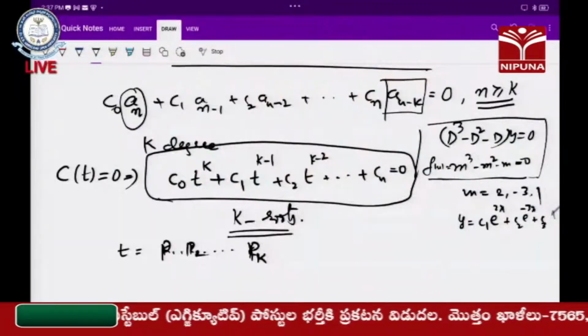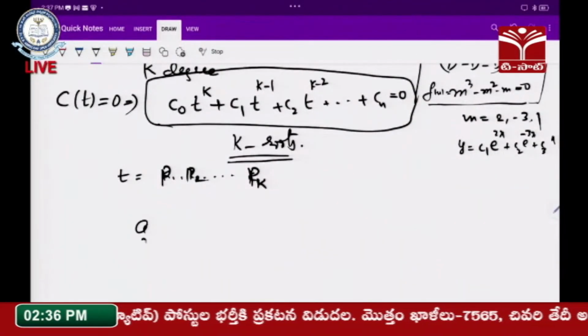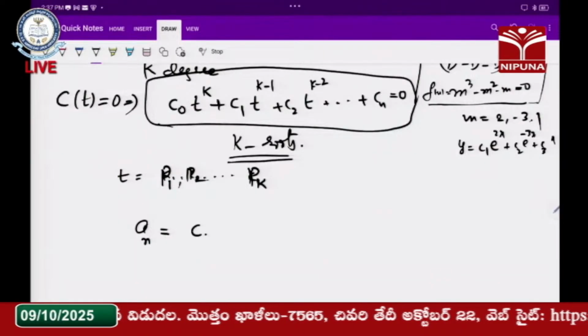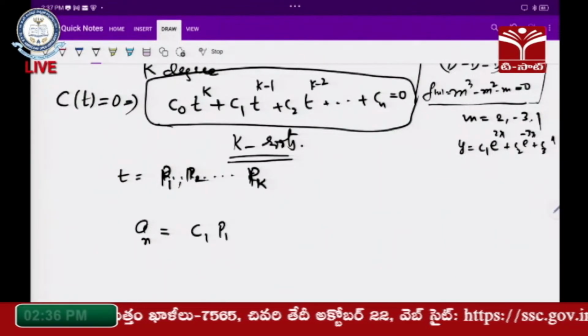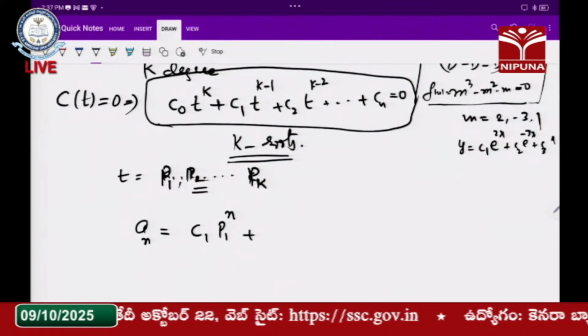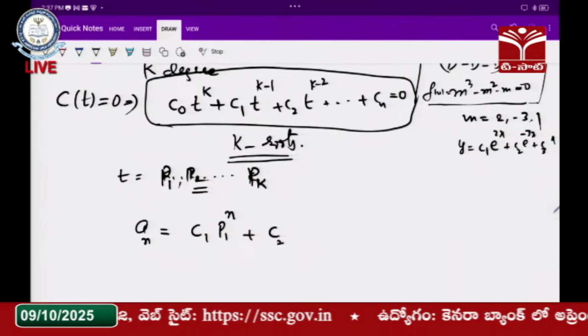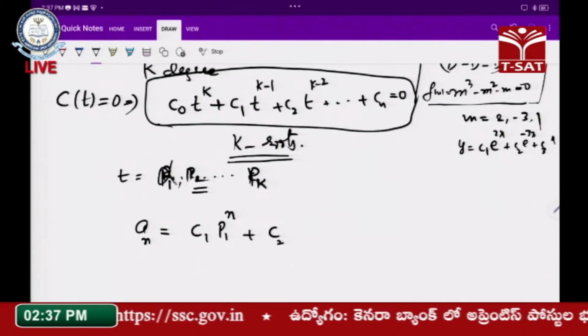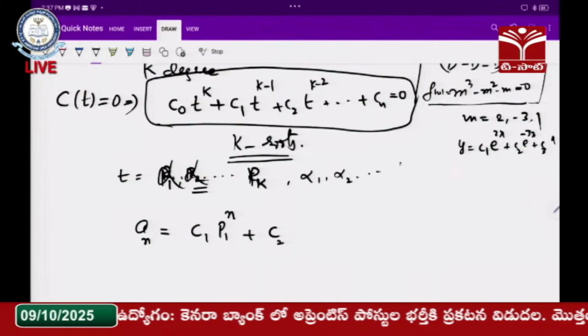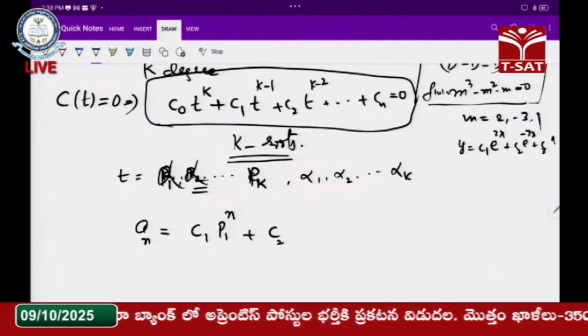Then the solution of the recurrence relation, here I have taken the nth term an as the required solution. So, this an is taken as: if P1 is the root, then the corresponding term is C1 P1 to the power of n plus, for the second root P2, C2 P2 to the power n. Let me change, instead of P, I will take roots as alpha 1, alpha 2 and so on, alpha k, as a generalization.